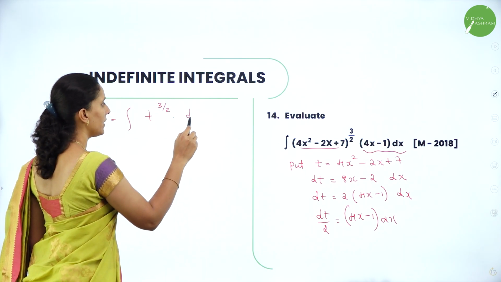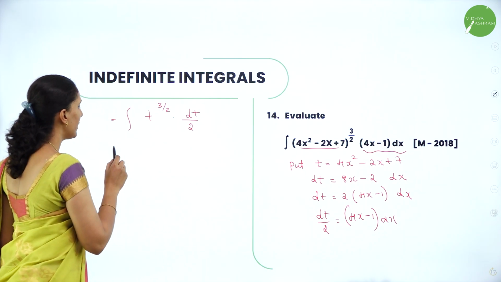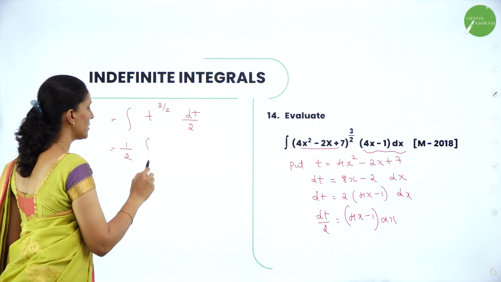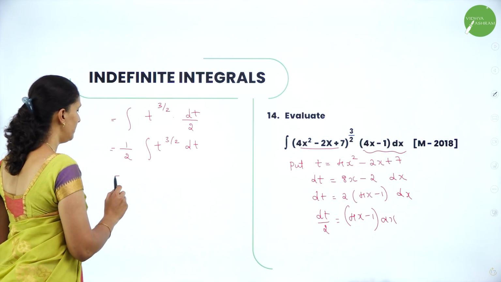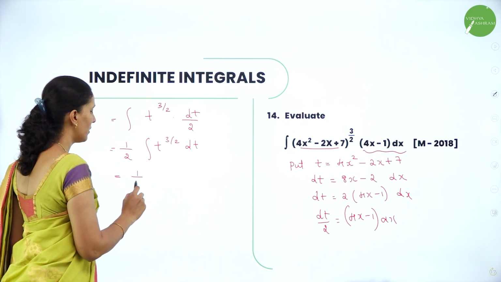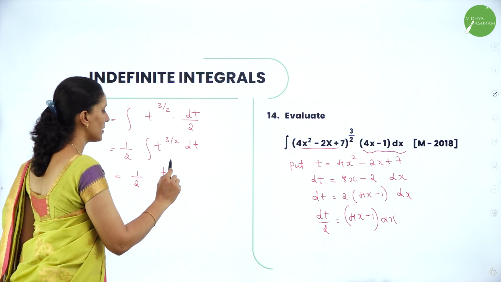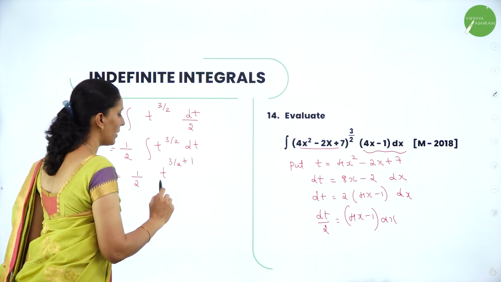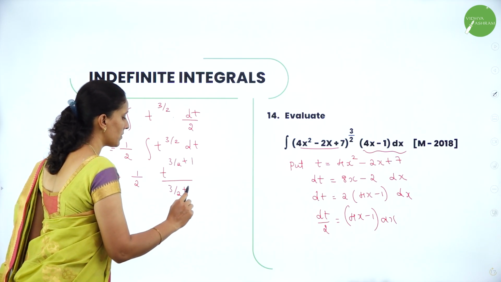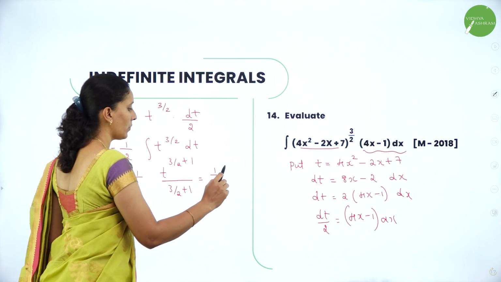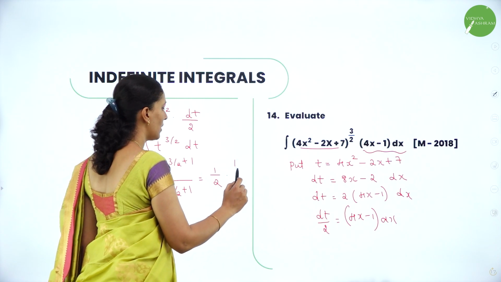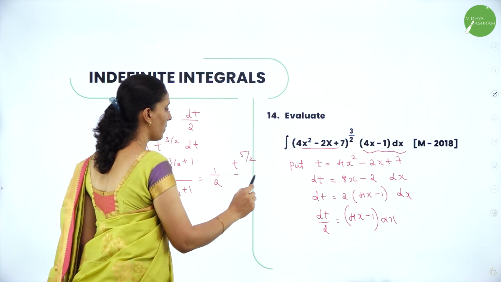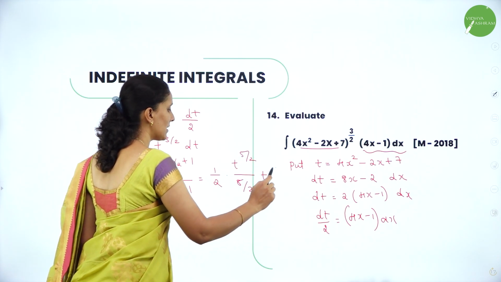into dt by 2. By taking 1 by 2 constant out, we have t to the power 3 by 2 into dt. Applying the integral with respect to t, we'll get t to the power 3 by 2 plus 1, with 3 by 2 plus 1 being 5 by 2, so t to the power 5 by 2 divided by 5 by 2, plus c.